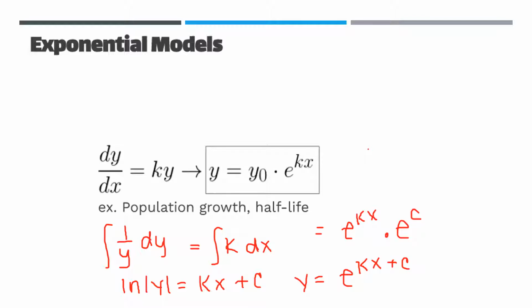And e to the c is really just representative of a constant. So that y naught can look like a c or a y naught in front of our equation. So that's where this equation gets derived from using exponential modeling. So all of that work in red is how you get to that box.